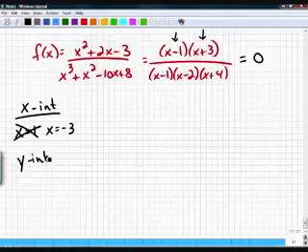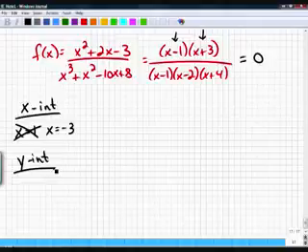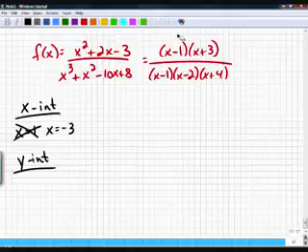Y-intercept. Which function would you use for the y-intercept? Because what do you do to find your y-intercept? Plug in 0 for x. So which one's going to be easier to plug in 0 for x, the first or second? I would do the first one, because x squared, 2 times x, all that stuff is going to be 0, and so we get negative 3/8.